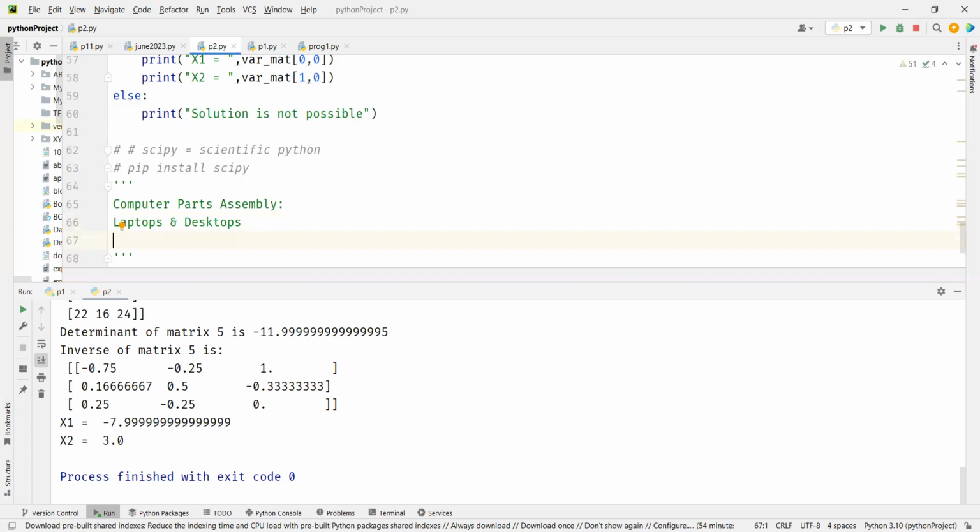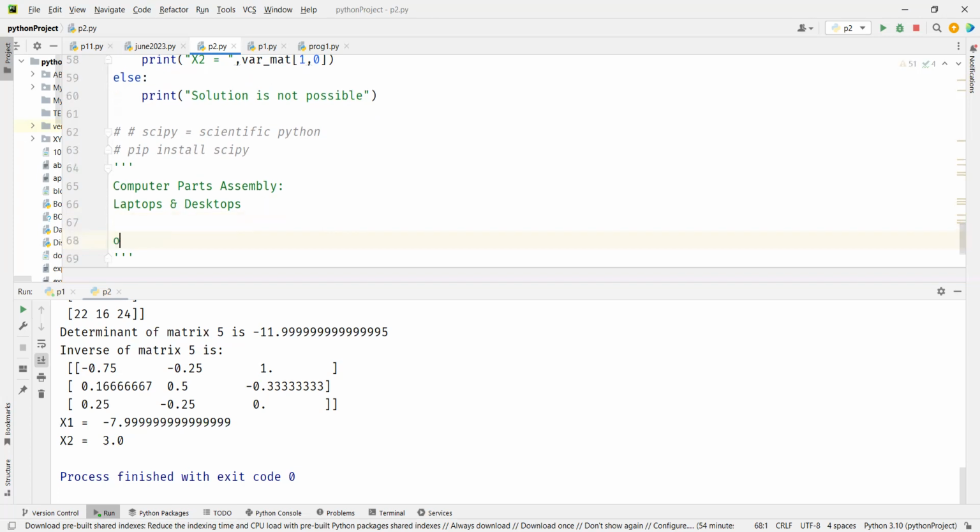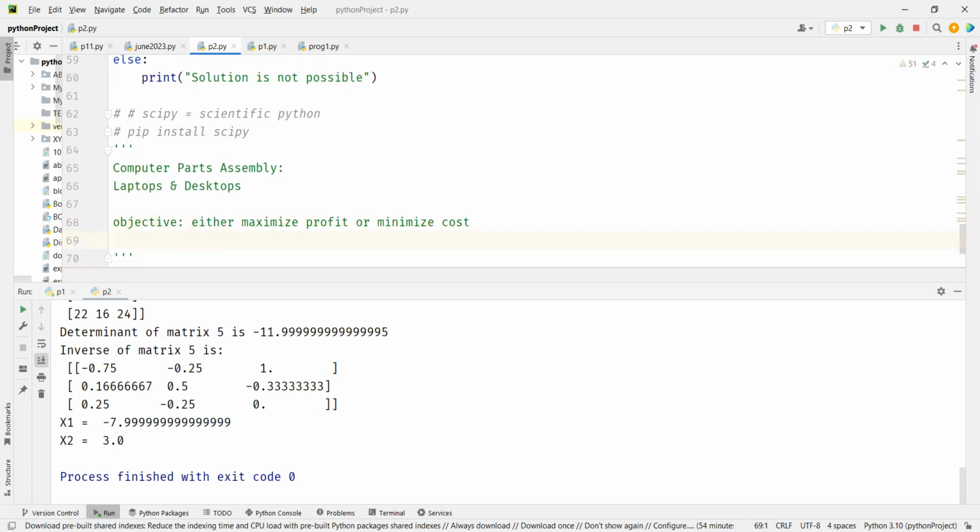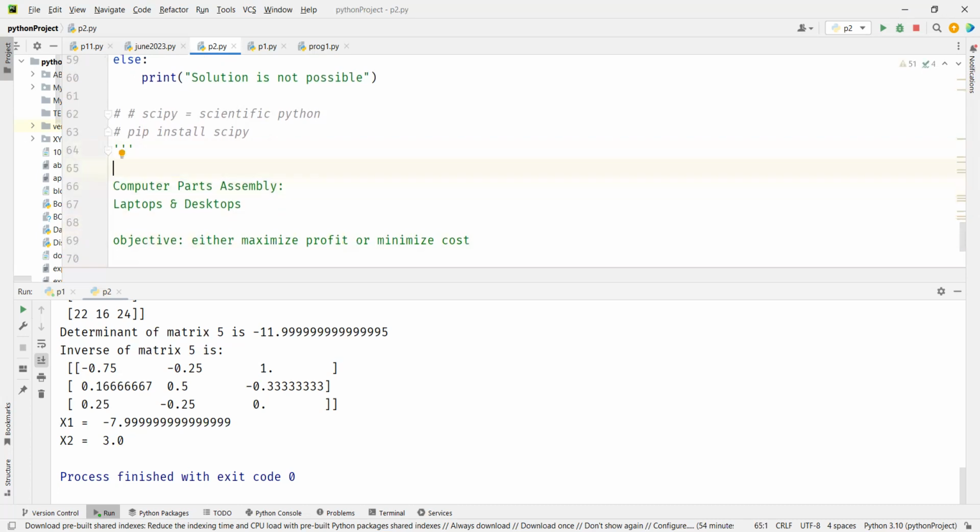And what is the objective of any business? The objective of any business is to either maximize profit or minimize cost, isn't it? That's why this is also called an optimization problem, or inequalities.